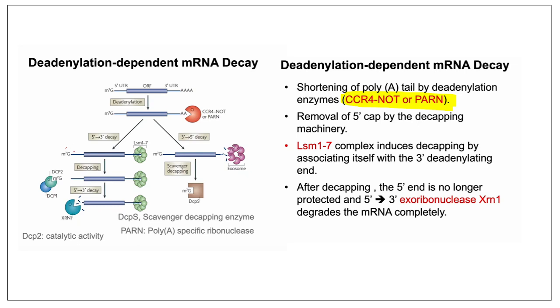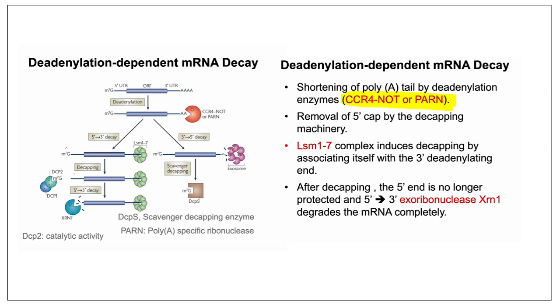This is known as decapping. So there is a decapping machinery that comes and removes the 7-methyl guanosine cap. This is DCP1, the decapping machinery. It comes along with DCP2 and takes the 7-methyl guanosine cap. So the cap is now gone.